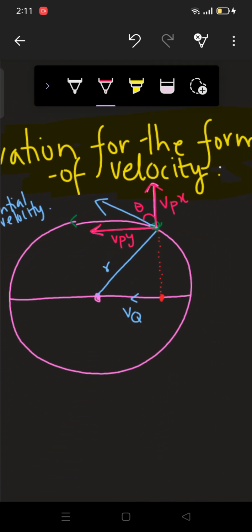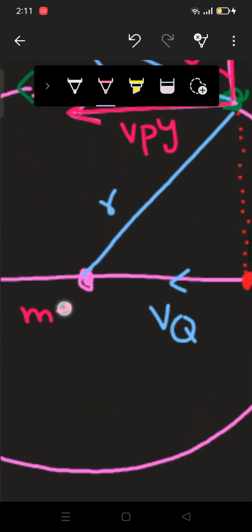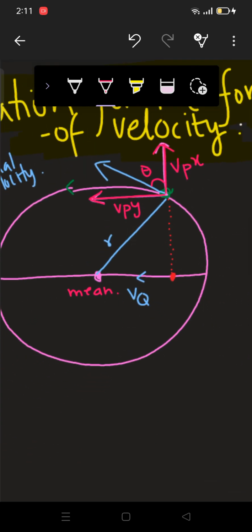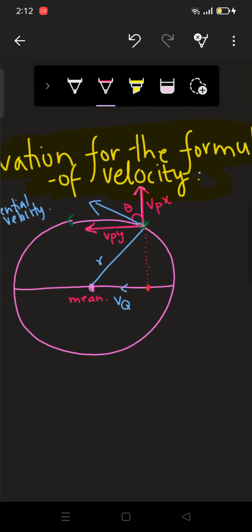Now see, this is the mean position, right? Which component of the tangential velocity is responsible for the speed of the projection of the particle? vpy is responsible for the velocity of the projection.